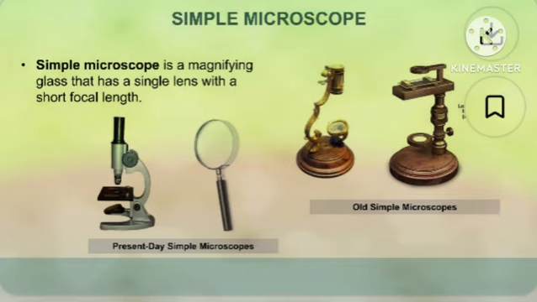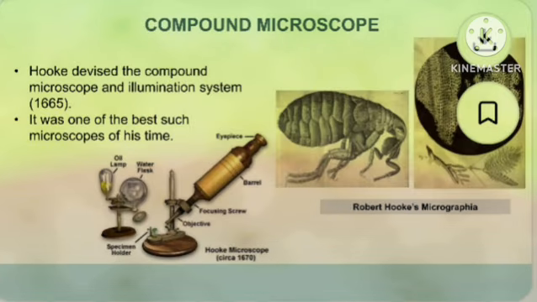And next slides, simple microscopy. A simple microscope is a magnifying glass that has a single lens with a short focal length. Next type of microscope, optical microscope.